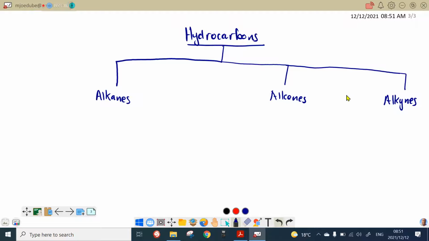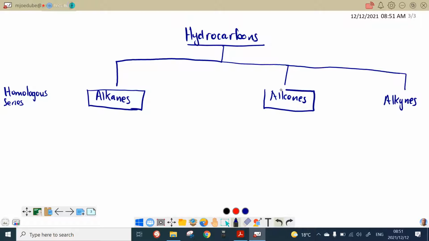So these names here basically are giving us the homologue or the homologous series. So the homologous series that we're looking at is your alkanes, your alkenes, and your alkynes.